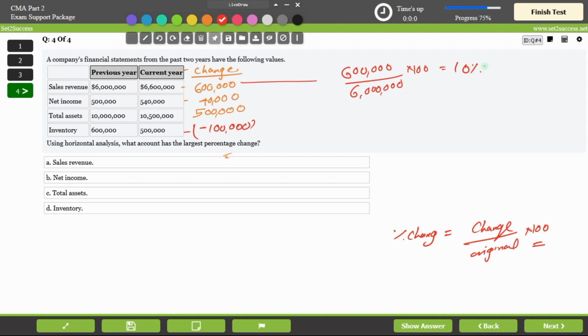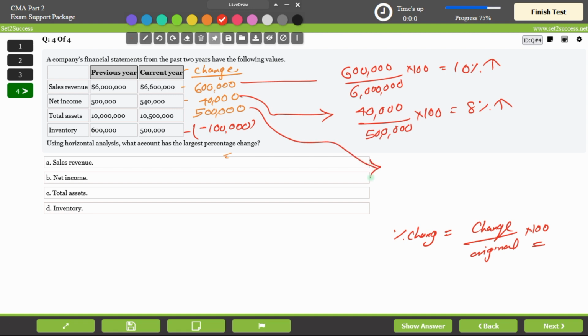So there has been an increase of 10% in sales revenue. Now net income: the change is 40,000 by 500,000, so the change comes to be 8%. So there has been an 8% increase in net income.